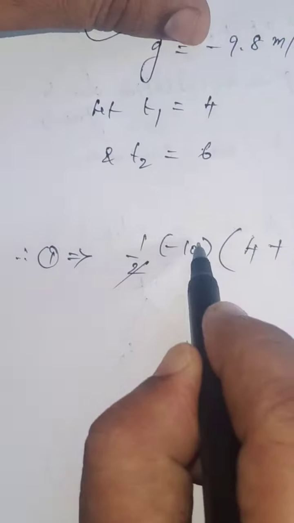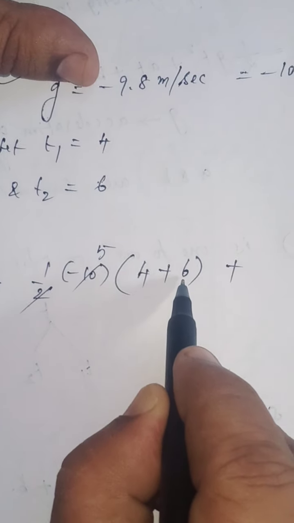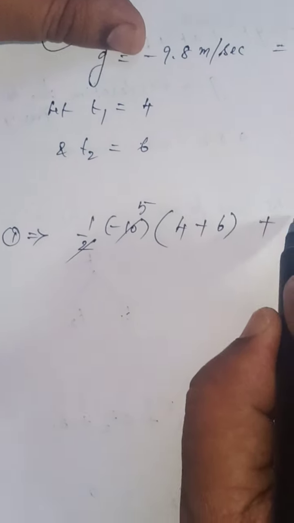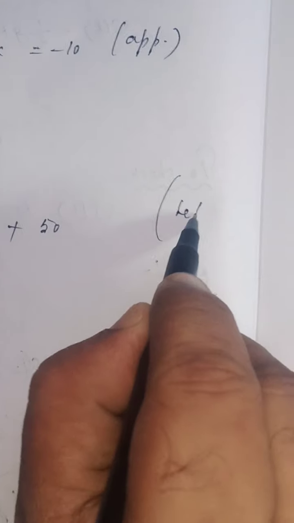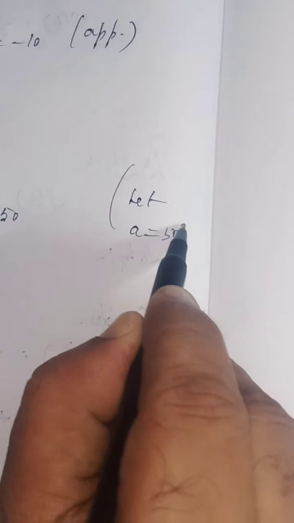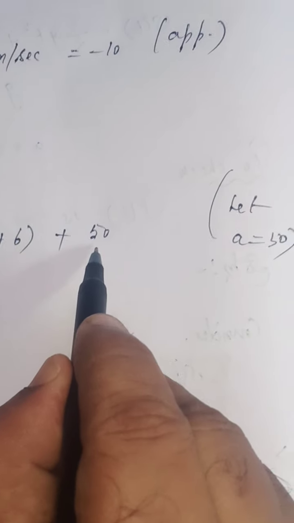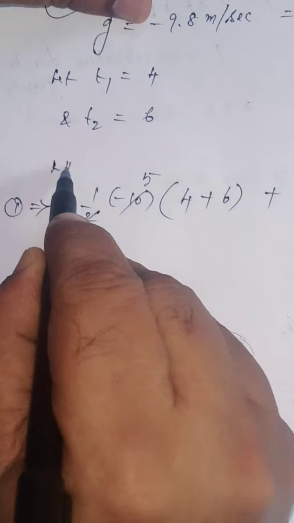Listen, 4 plus 6, 10. 10 into minus 5, minus 50. So I consider here plus 50. Let a equal 50. It is possible, no, because a is a constant only. I consider a equals 50. Look at that. This is the LHS.